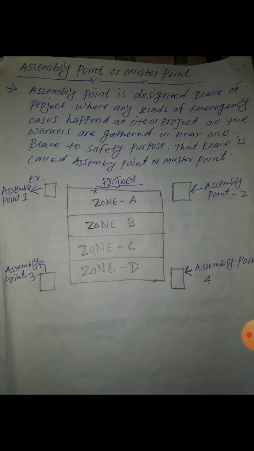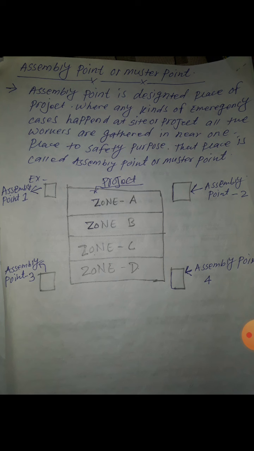At that time you can shout that there is some problem, please everyone get out. The safety people also give the siren for you, and you can immediately leave the site.